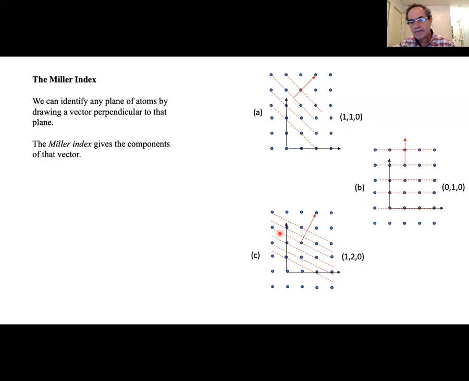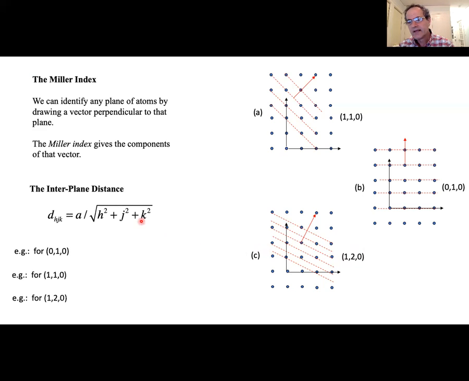Now, for different cubic types, for different crystal types, we can relate the plane spacings to the distance between the atoms. But in cubic crystals, it's particularly simple. Here's the rule. For cubic crystals, the interplane distance d for planes with Miller index h, j, k, is just given by a, that's the lattice spacing, divided by the square root of h squared plus j squared plus k squared.